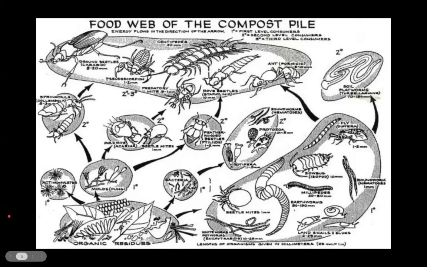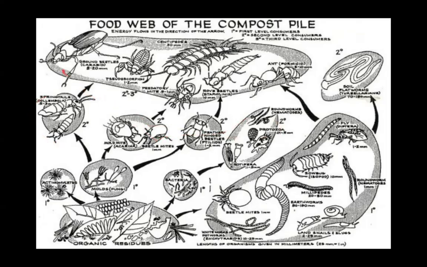This is a great diagram. It shows the food web of a compost pile, but for our sake, it's healthy soil. Down in the lower left, you can see the organic materials, the plants, the food waste, etc. And then you have your first level of consumers or decomposers: bacteria, fungi, mold, worms, millipedes, etc. Then a second level, such as springtails, mites, beetles, protozoa, nematodes.